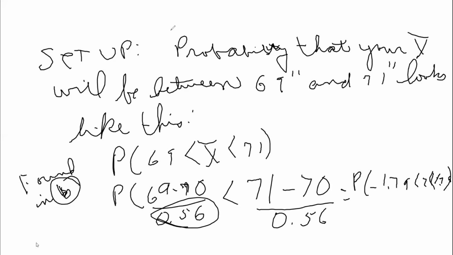Now you have to go to table A. Go to table A, and you're going to work backwards. All right, save, clear, go. So from table A, we get 0.0367.